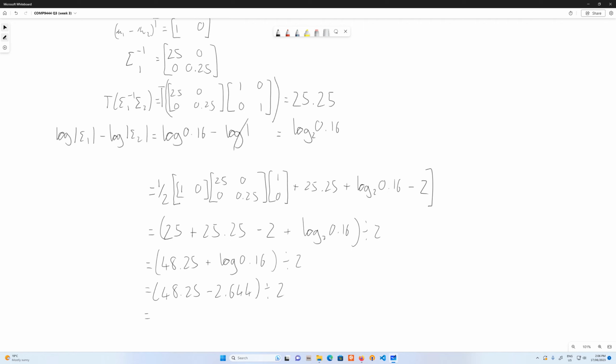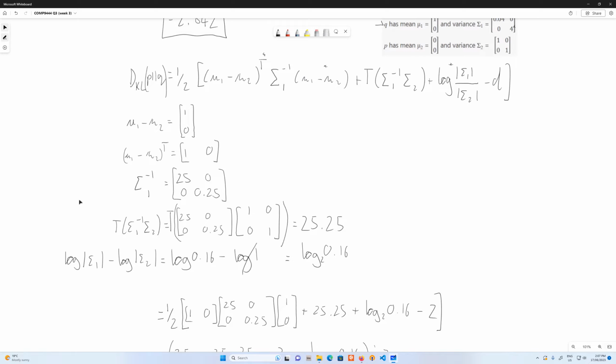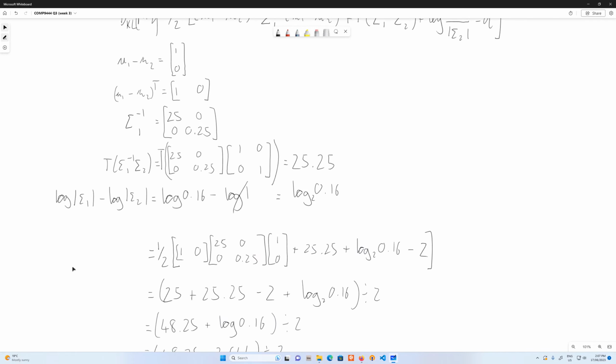So finally, we should end up with 22.803. Hopefully I haven't made an error somewhere along the line there, but we should end up with that. So this was DKL from P to Q.